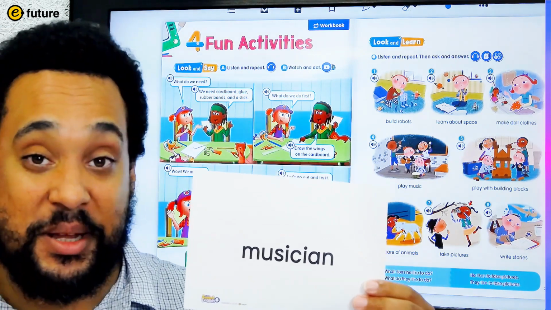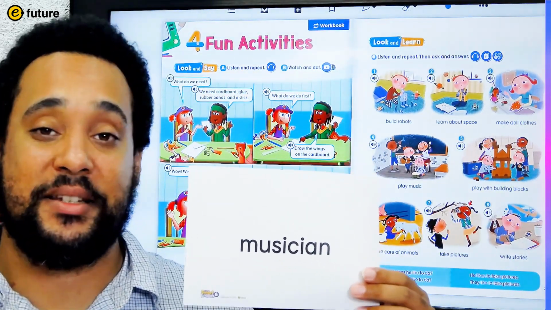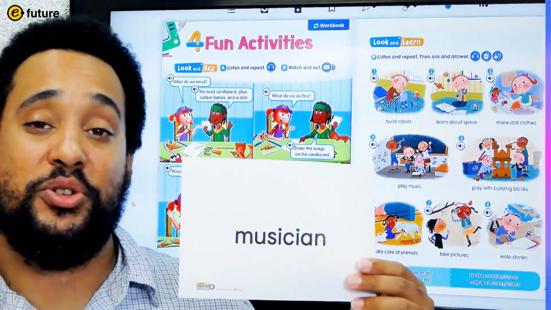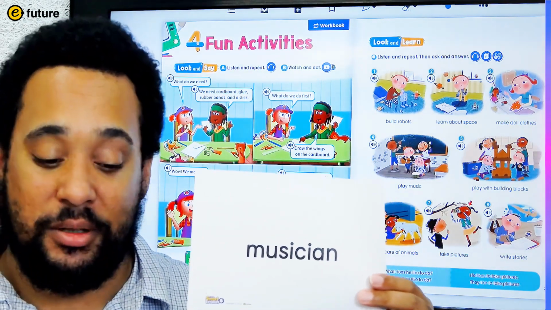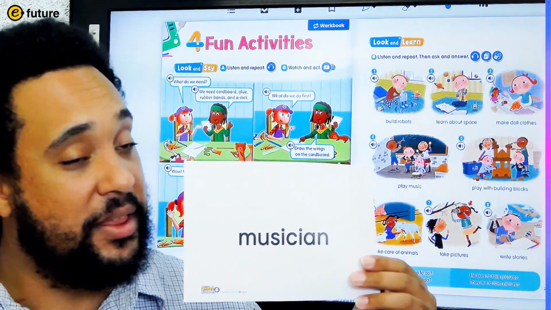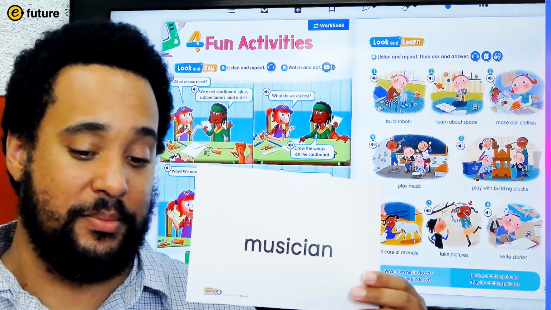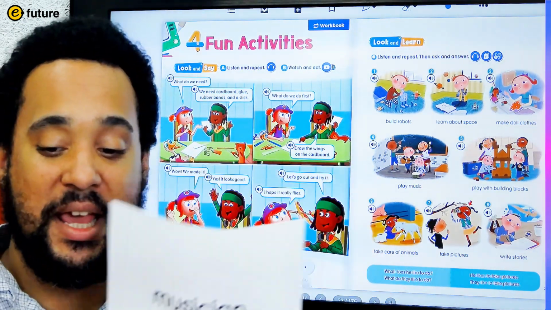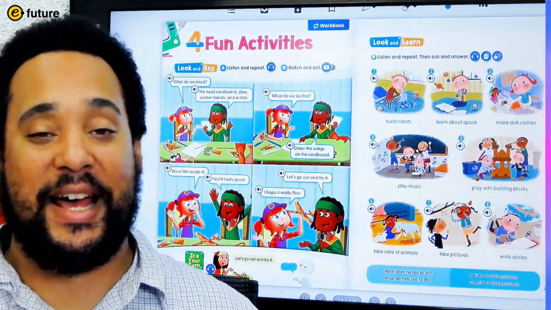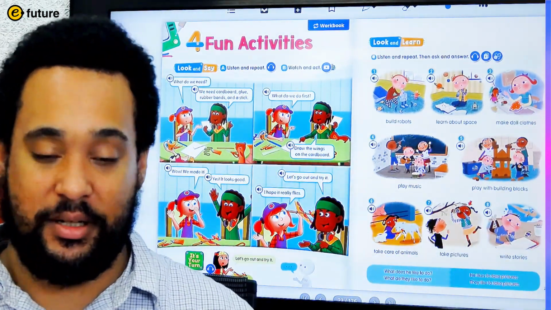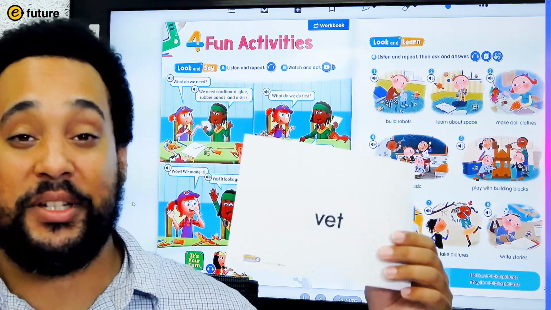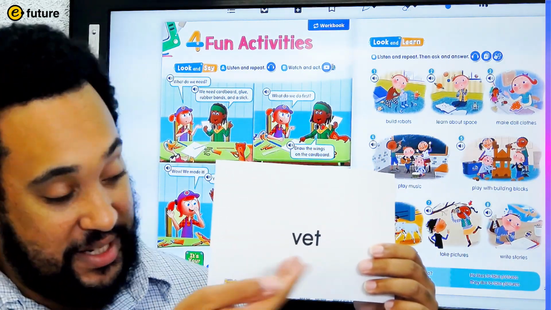So the flashcard is musician. You will ask your partner, do you want to be a musician? And they will answer, yes, I do, or no, I don't. It's up to you, you can choose. And then that person will ask the student to their left the next question. I'll hold up a different flashcard. So this one is vet.